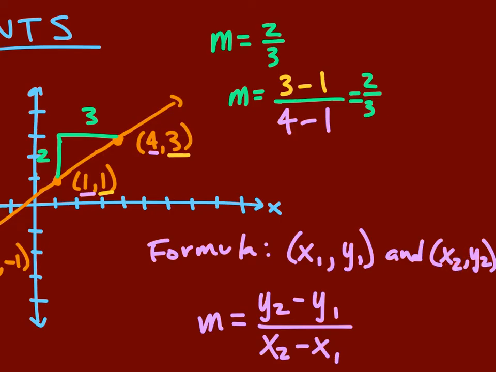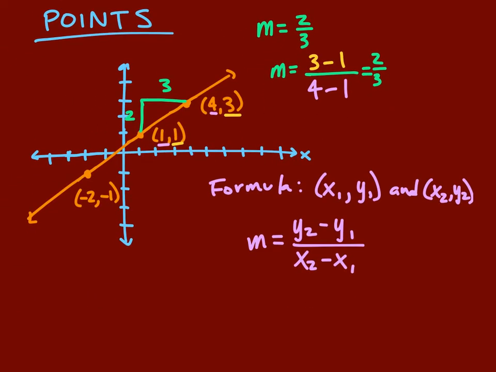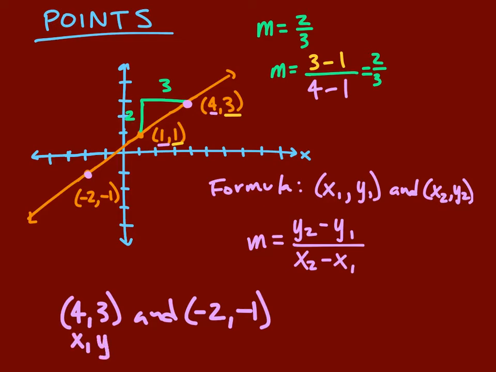All right, and it really doesn't matter which point you choose, because I'm going to show you that. I'm going to use this point here, -2, -1, and this point here. So I'm going to write down the points 4, 3, and -2, comma, -1. I'm going to label this as x1, y1, x2, y2.